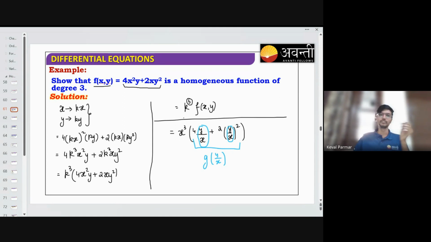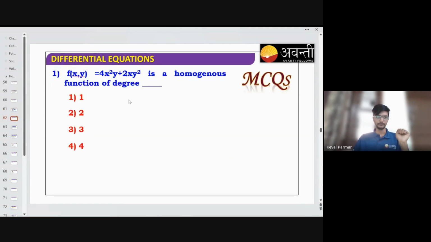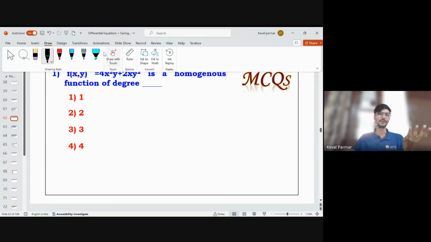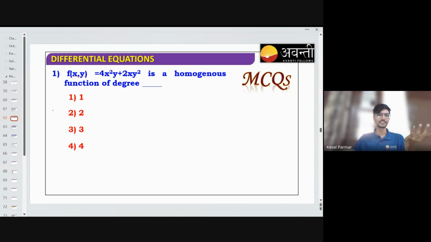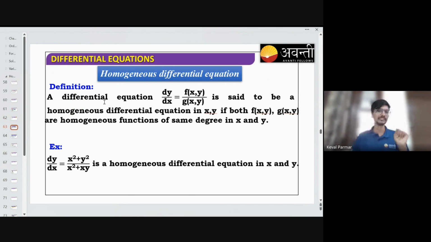Got it? Chalo. Now let's see finally what a homogeneous differential equation is. Acha, before this, we saw this, right? We just solved this: 4x square y plus 2xy square is the homogeneous function of degree 3. Chalo. So here, what are homogeneous differential equations? Let me tell you, in yesterday's class I told you to always make a habit to write the equation in this form, that is dy by dx on one side, all the other terms on the other side.